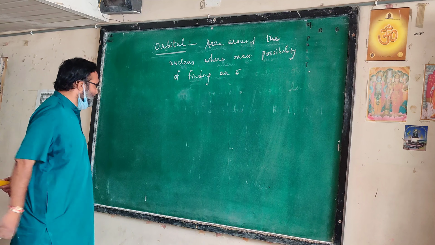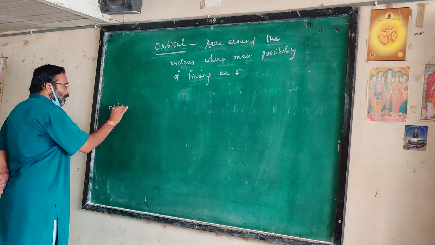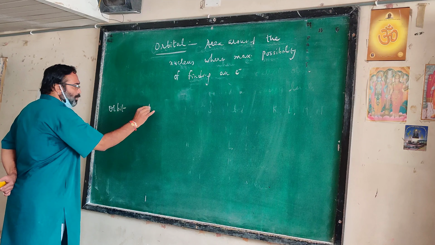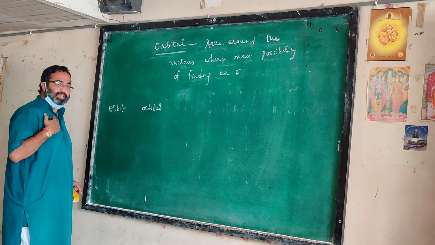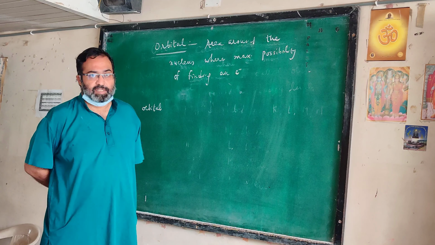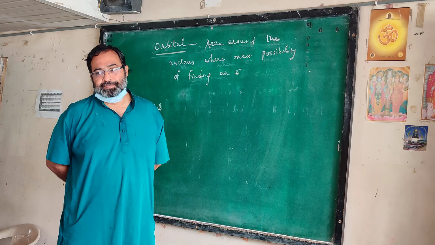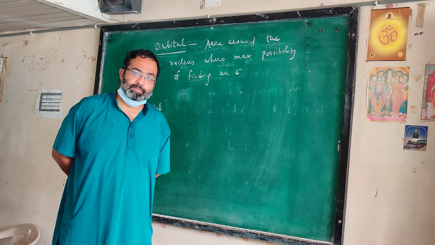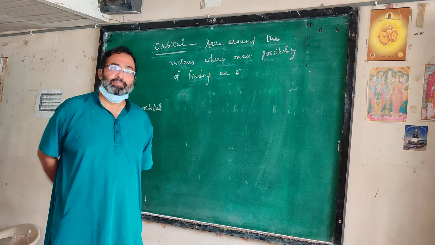A simple example can distinguish orbit and orbital. Like if some of your friends calls you up and asks, "What are you doing?" Will you answer that you are in Ahmedabad?